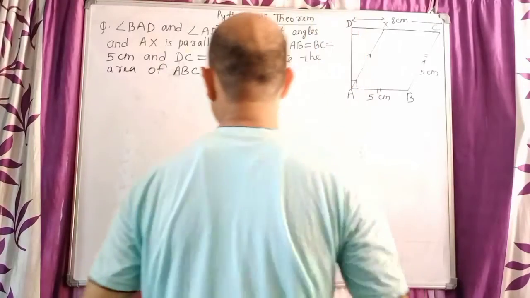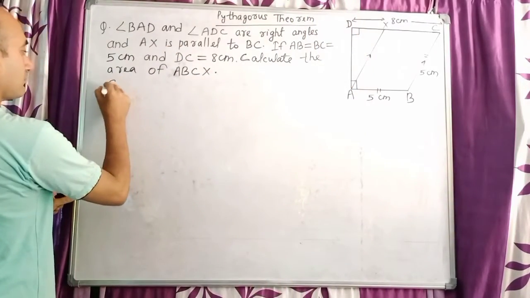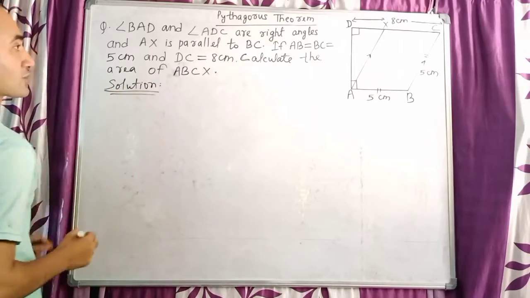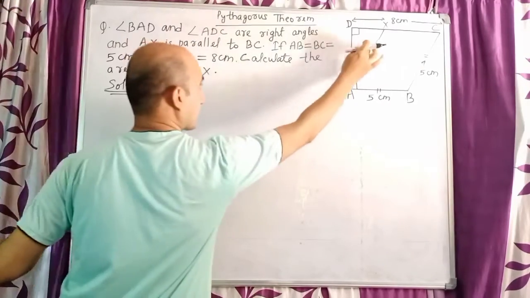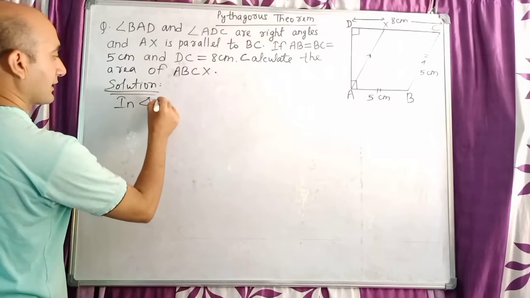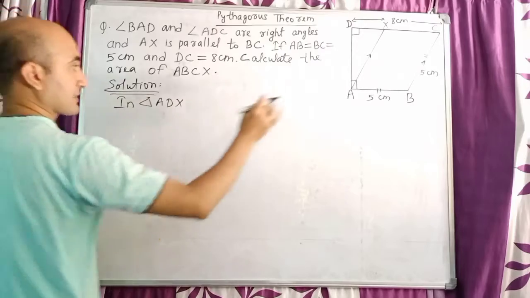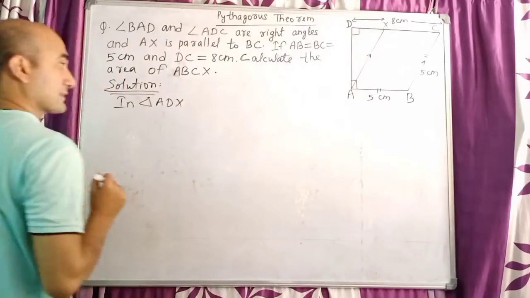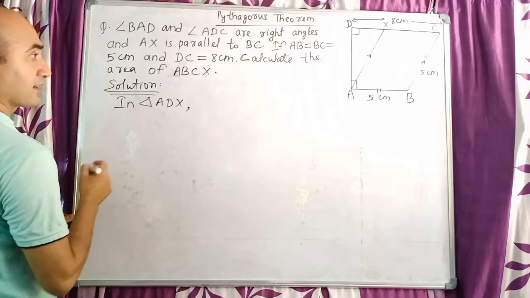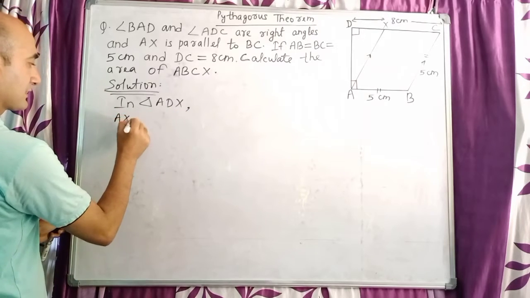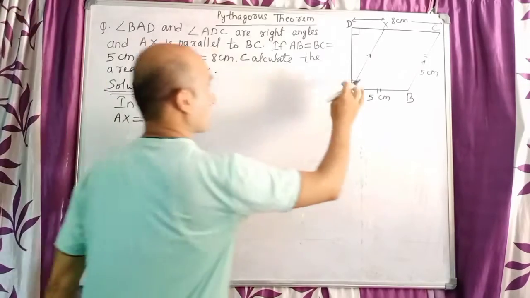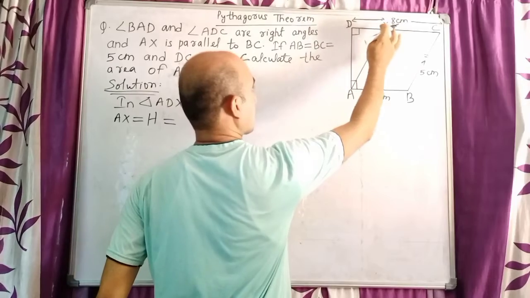So let us begin this solution, children. First of all, I will take this smaller triangle. You will write in triangle ADX, AX is my hypotenuse, because this will work as a base.